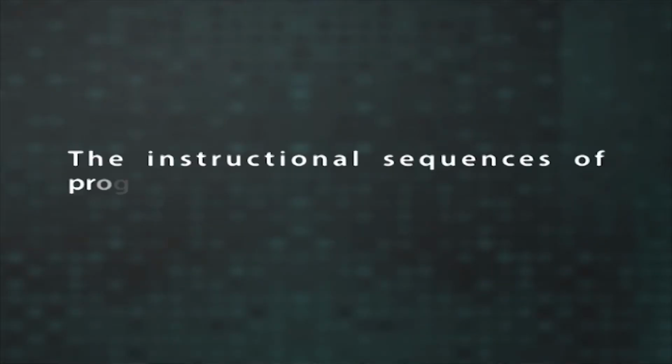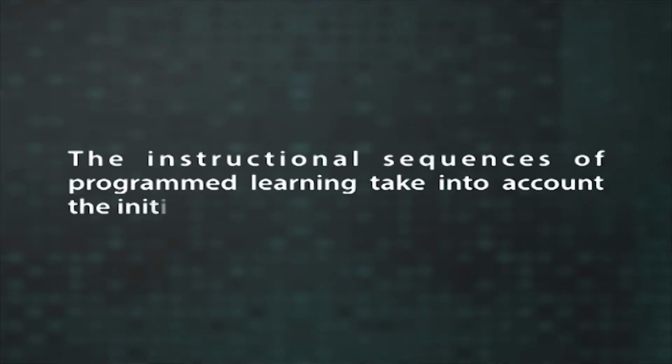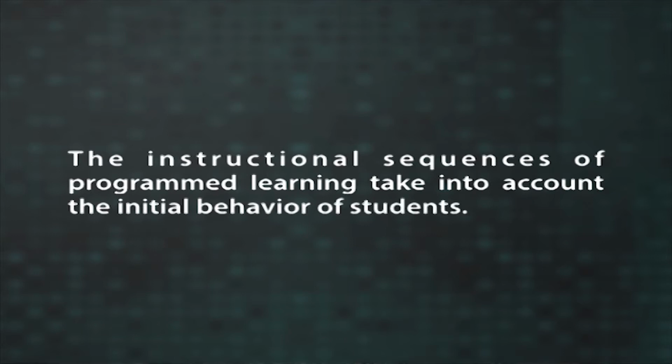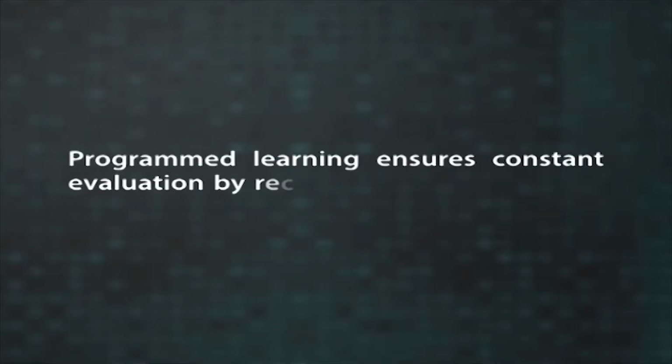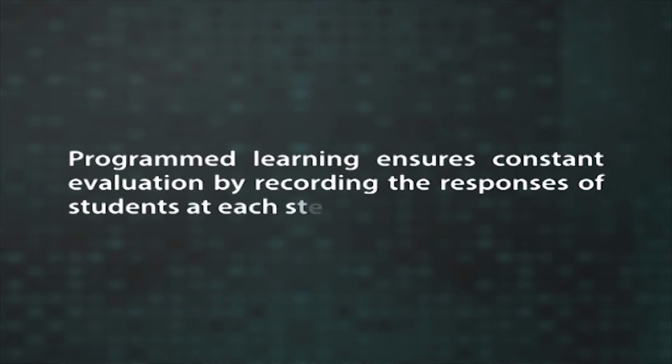The instructional sequence of program learning takes into account the initial behavior of students. The program is designed keeping in mind the terminal competency students are expected to achieve at the end of the instructional process. Program learning ensures constant evaluation by recording the responses of students at each step. The performance and the progress made by students can be evaluated by checking the nature of the responses.